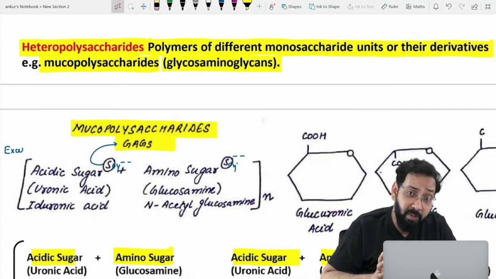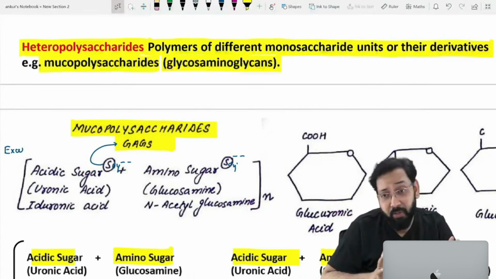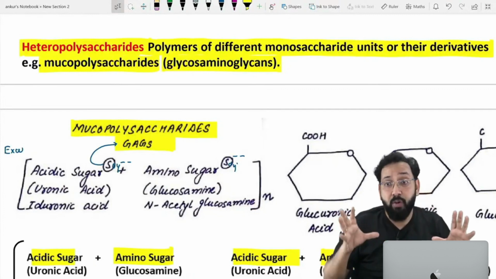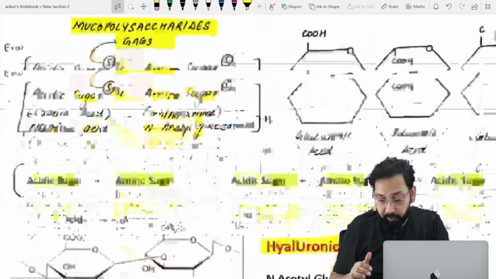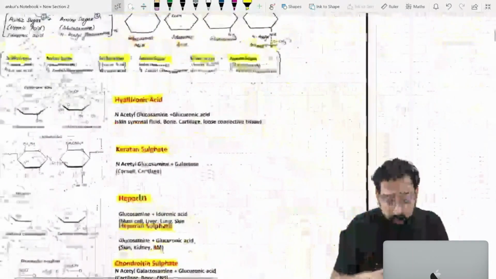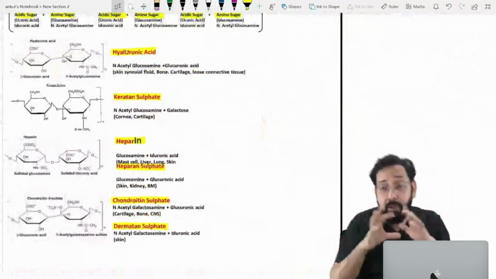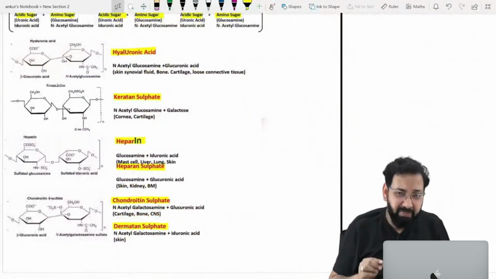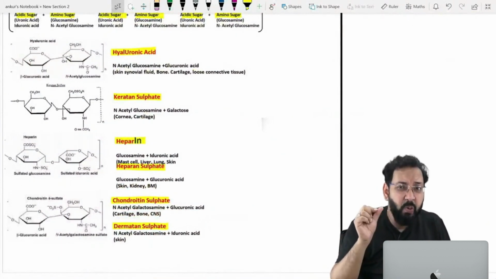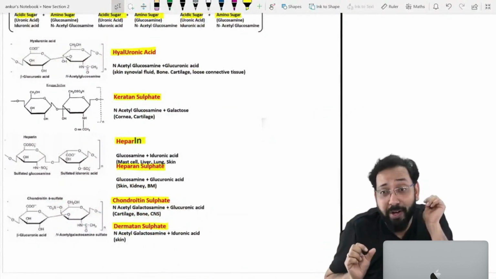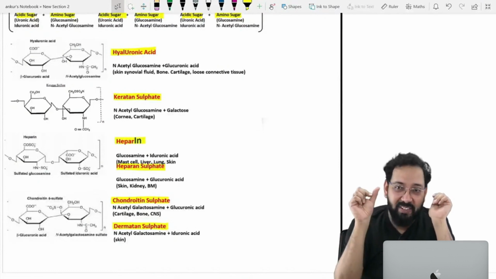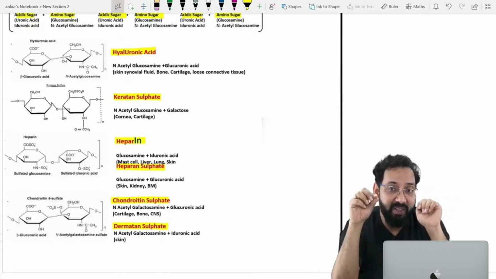These 6 compounds have a common pattern of structure, and all absorb a large amount of water and form a mucoid structure, a mucus-like structure.